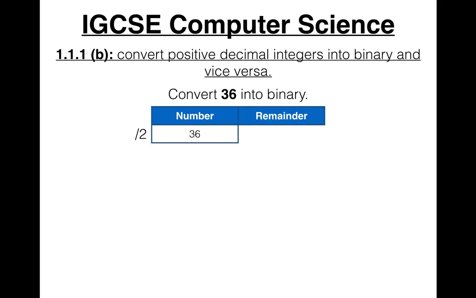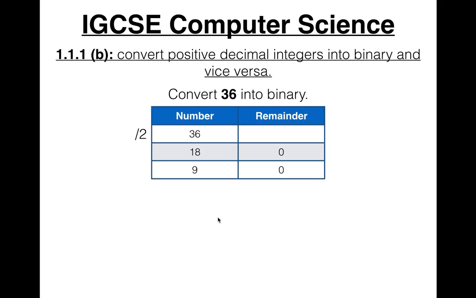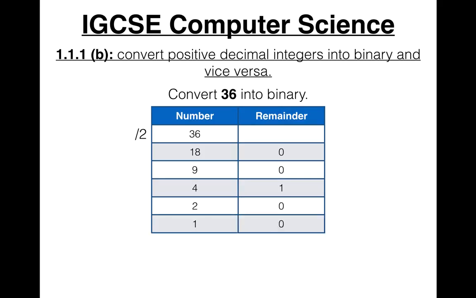So 36 divided by 2 would give us 18 with a remainder of 0. 18 divided by 2 would give us 9 with a remainder of 0. 9 divided by 2 would give us 4, remainder 1. 4 divided by 2 would give us 2, remainder 0. 2 divided by 2 would give us 1, remainder 0. And 1 divided by 2 would finally give us 0, remainder 1.